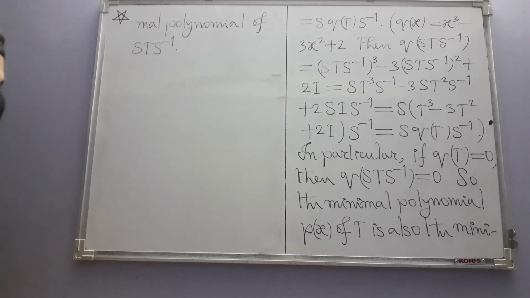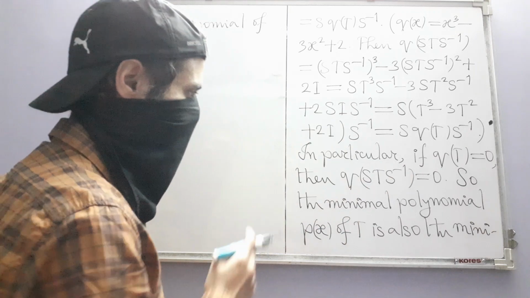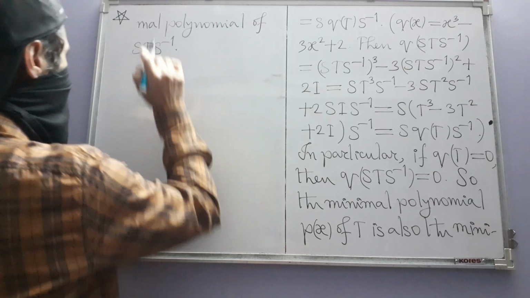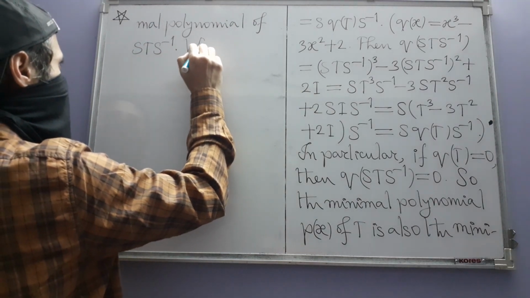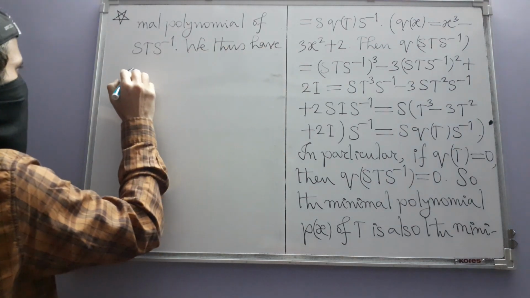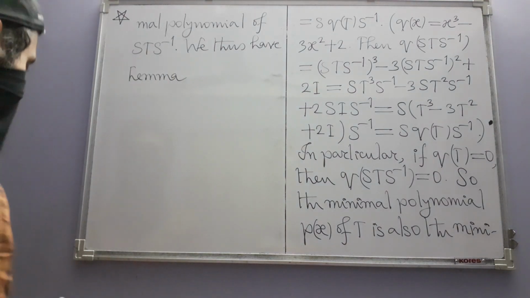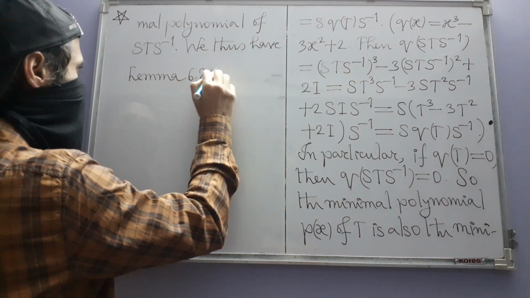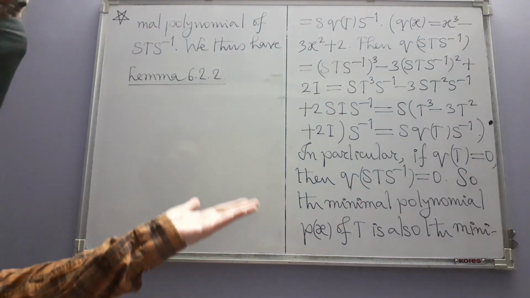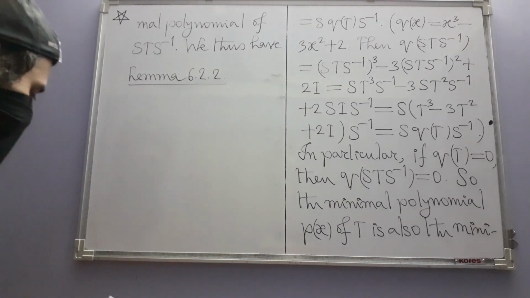Okay, because it follows almost immediately from this fact, but still we need to see exactly how that is following from this fact. So we thus have the following lemma. So this is lemma 6.22, and it just states this, that both T and ST S inverse have the same minimal polynomial.